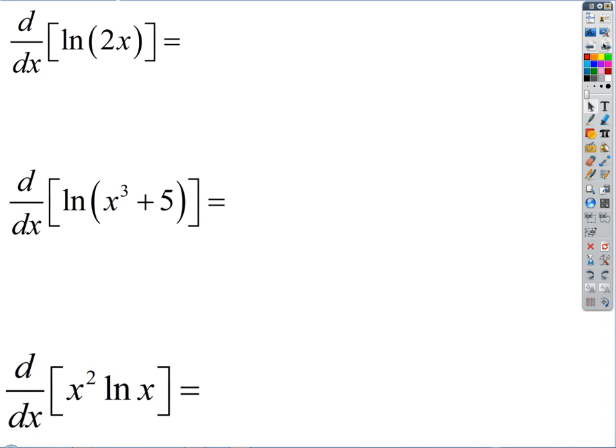Just take that first one. So what's the u going to be in the first one? 2x. Okay, but the u is 2x, right?